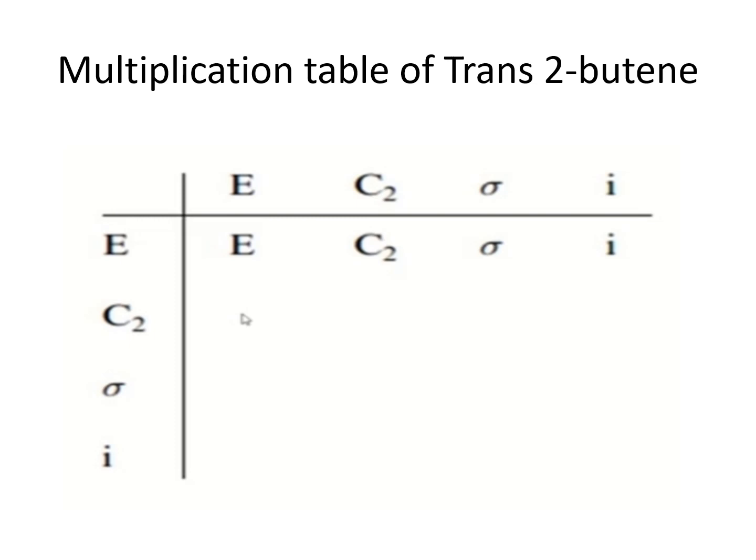Now if we apply inversion center and then C2 to the molecule, then on applying C2 the hydrogen atom position will change but the arrow direction remains the same, and this result would be equal to sigma H. Now if we apply inversion center on sigma, the arrow direction changes but the position remains the same on applying sigma, and it is equal to C2. Then if we apply inversion center 2 times, the result would be equal to the identity.